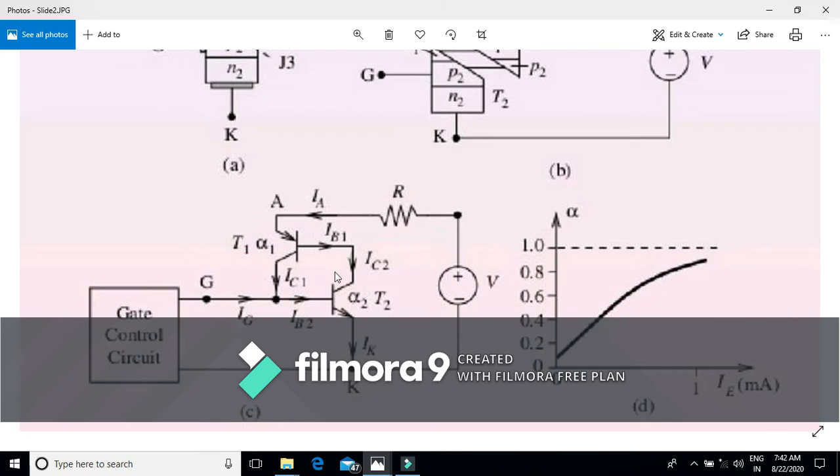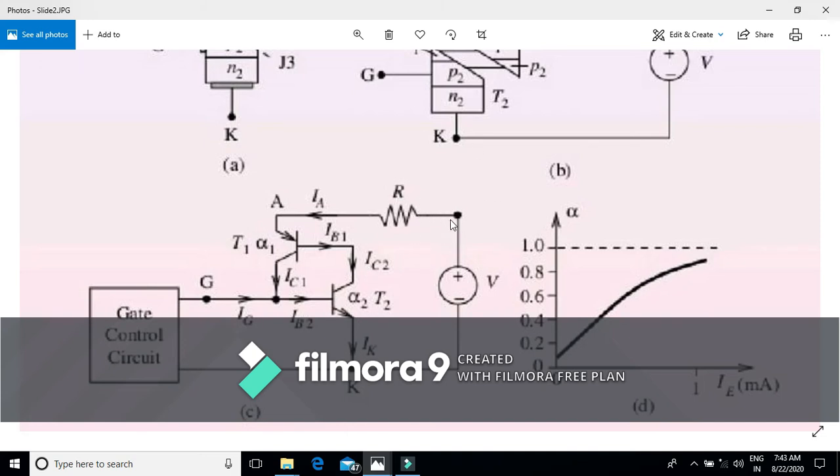Or we can say, by the increase of the loop gains alpha 1 and alpha 2, each transistor drives the other one into saturation, or we can say this device reaches the conduction state and the anode current becomes very high or infinite. However, practically this is limited only by the external resistor R.